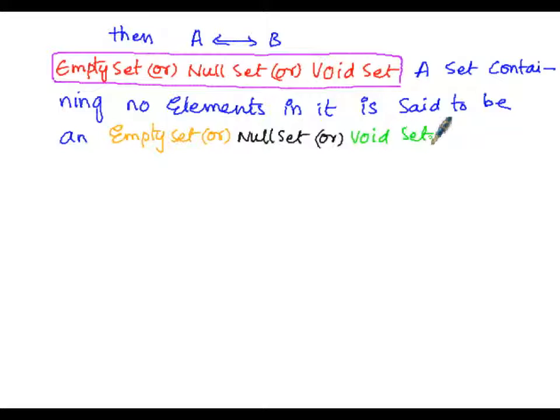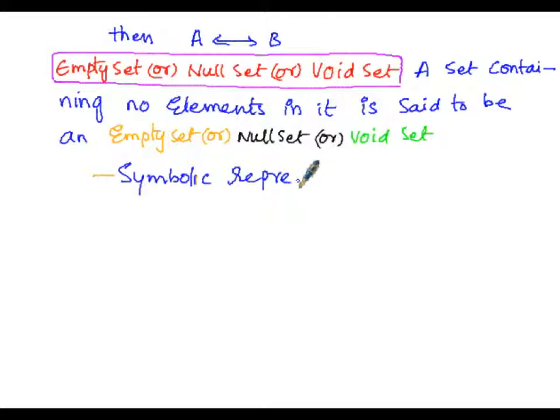So here the symbolic representation of this null set, or the empty set, or void set, is phi.